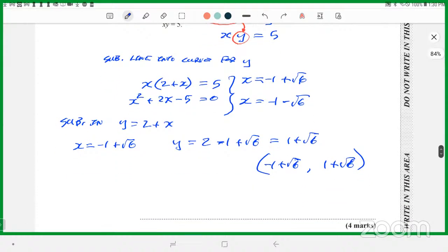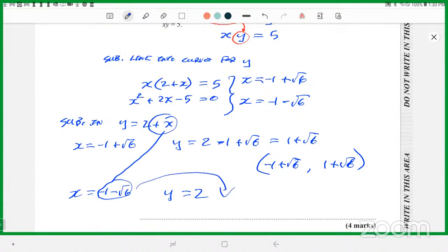The other point is where the x equals this. So I'm going to say now, when x equals minus 1 minus root 6, the y value becomes 2, and I'm adding this value now, plus x. So I'm going to put this value over here now, just adding it. So I'm going to get minus 1 minus root 6.